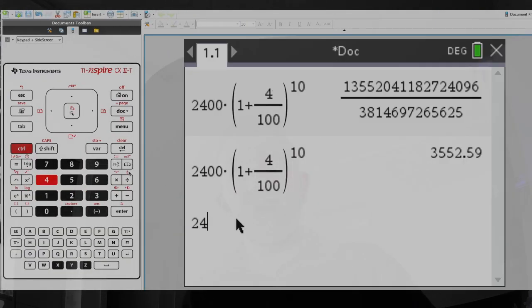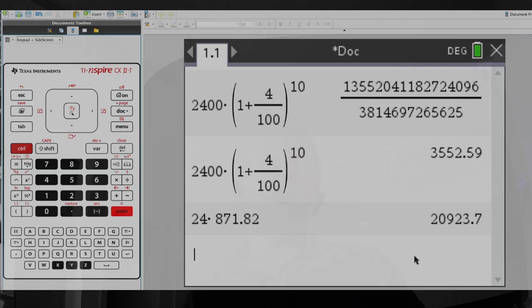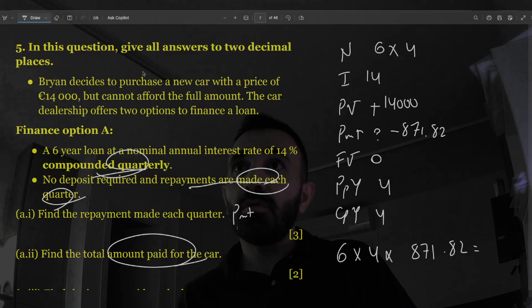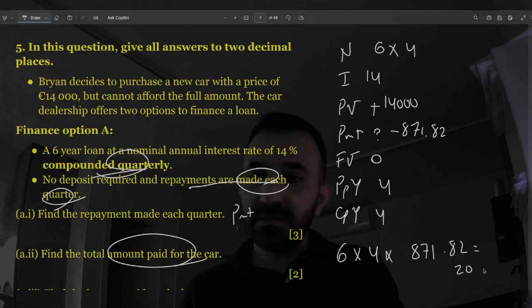24, or 6 times 4, times 871.82. This is the total amount of money you paid for this car: 20,923.68.